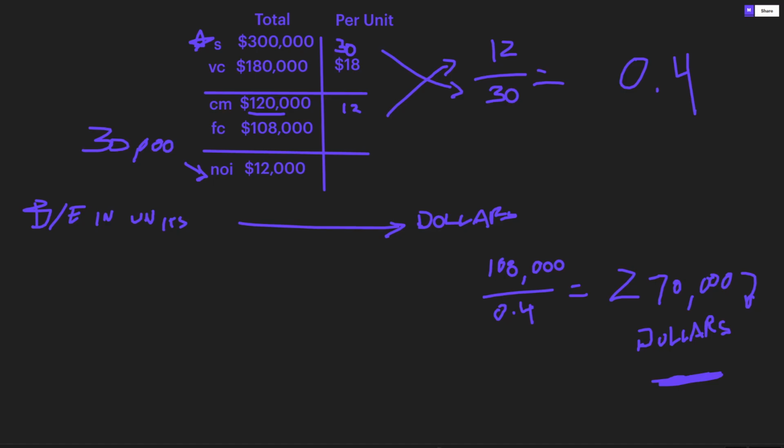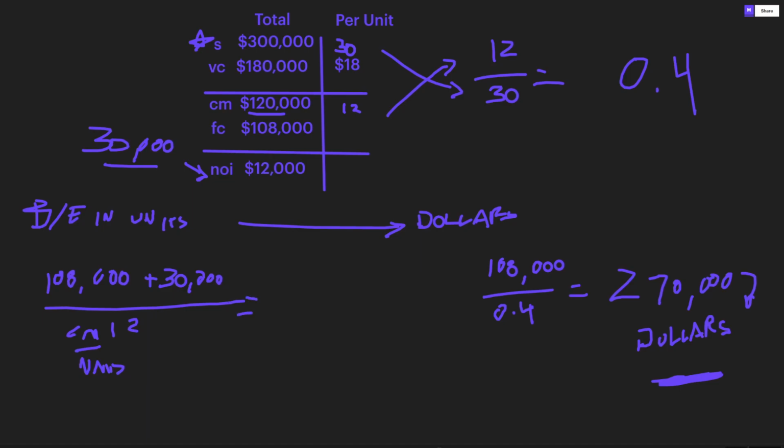Using the same exact equation, we would just take our original break-even equation with fixed costs over our contribution margin per unit if we want the units. And so these are our fixed costs, and we add the 30,000 that we're wanting to achieve on top of that, over 12. This is our CM, remember, in units.